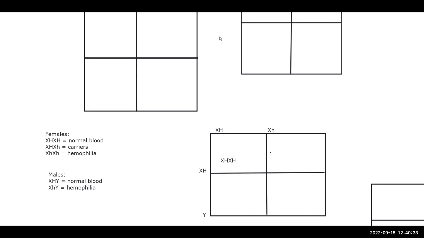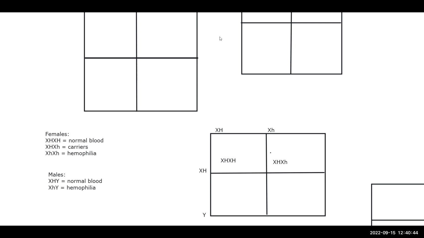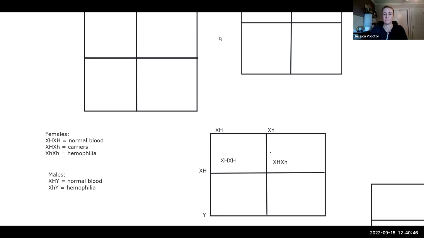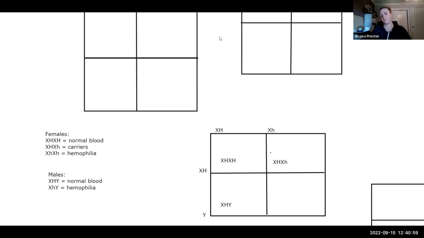So in the first X we've got an uppercase, second X a lowercase. So we've got an X big H, X little h. All right, what goes in the third box? X H Y. And what kind of H? Capital H. Excellent. So we've got an X capital H and a Y. All right, and what goes in the last box? X lowercase h Y. Beautiful. Last box is an X, lowercase h, and then a Y.